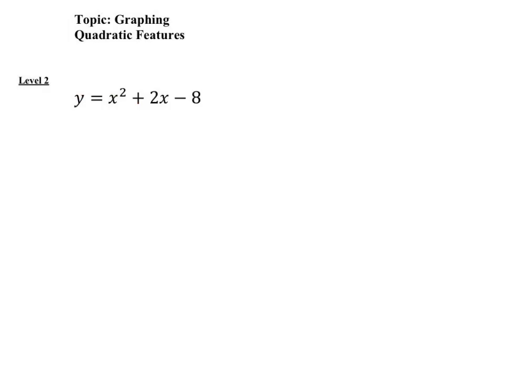Next, we're going to find some features from an equation. The first thing I'm going to focus on is my max and min. To find the maximum or minimum from an equation, all you need to do is look at your a value. In this case, my a is going to be equal to +1.